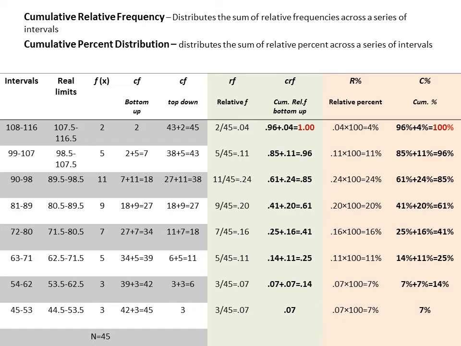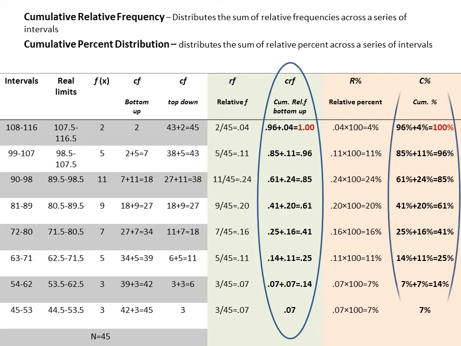We can also summarize relative frequencies and the percents cumulatively either from bottom up or from top down and construct cumulative relative frequency distribution and cumulative percent distribution.